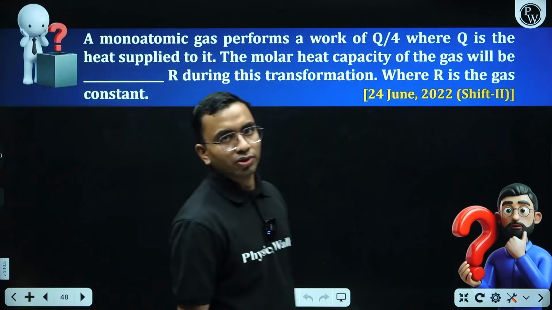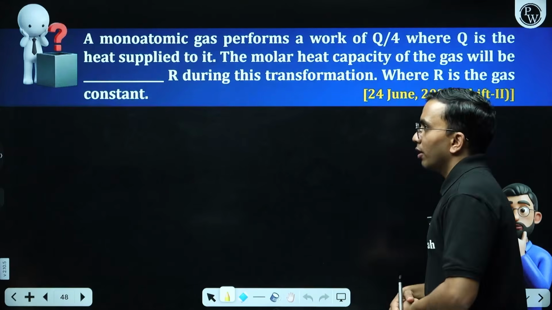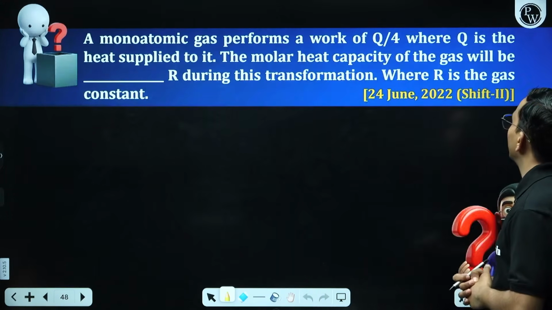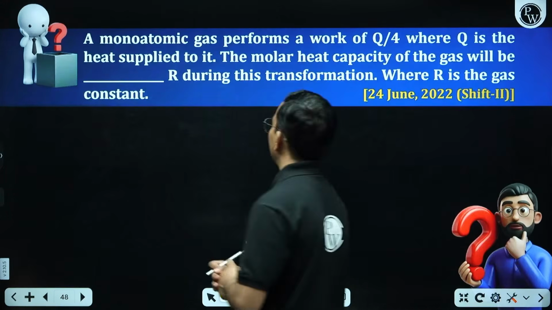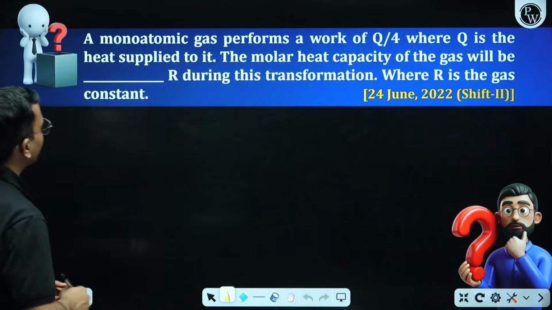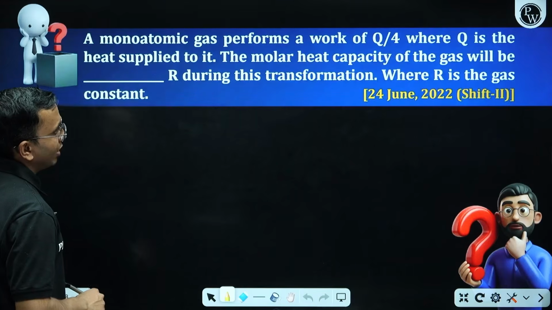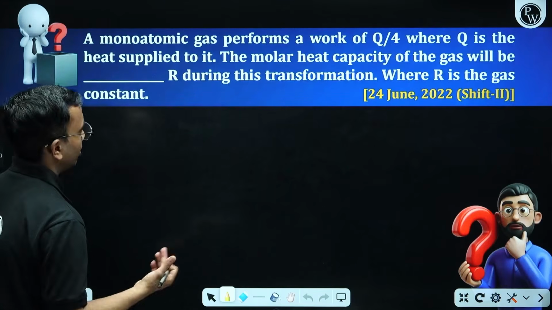Coming to some questions on this. A monatomic gas performs work Q by 4, where Q is heat supplied to it. The molar heat capacity of the gas will be dash R during the transformation, where R is the universal gas constant.